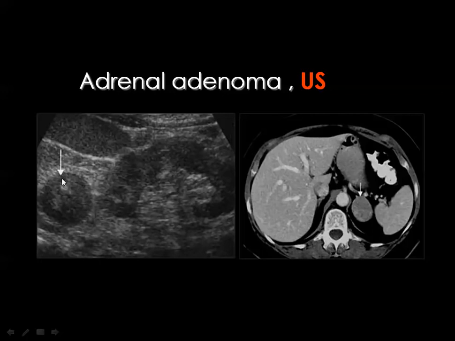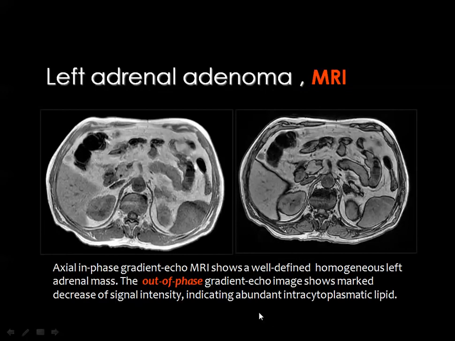This is the appearance of an adrenal mass or adenoma by ultrasound above the kidney, and this is the appearance by CT, and you see a relatively enhancing mass in the region of the left suprarenal gland. But in this appearance, this is T1 and this is T1 out of phase, and you see a lesion in the left suprarenal gland, and in the out of phase images, you see marked drop of signal.